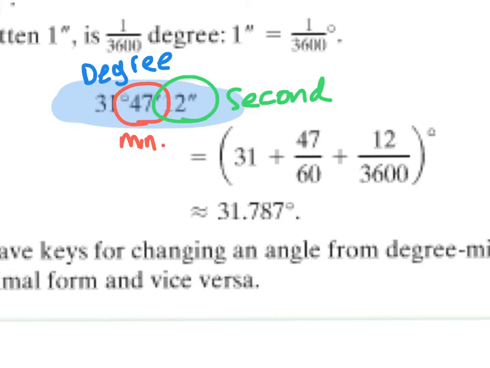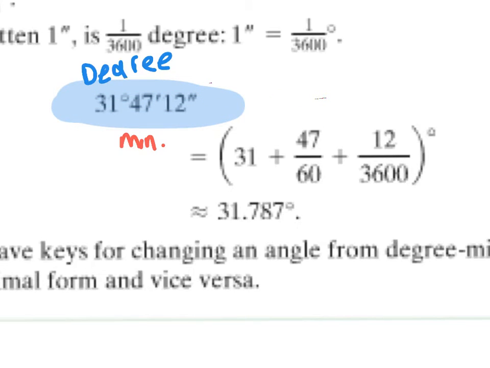So sometimes you're going to get given it in degree, minute, second notation, and you've got to put it into degree, and then vice versa. Sometimes you'll get given in degree, and it will ask for it in degree, minute, second notation. So without a calculator that has that DMS, which I'll show you where that is, the basic way to convert it is to take what's here.